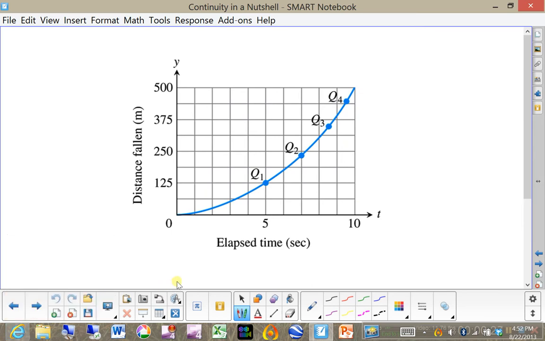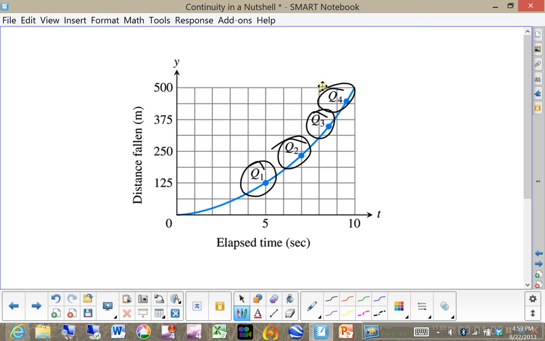First, we have a graph here of a continuous function. Imagine that you were plotting the path of an object that is falling from t equals 0, and you plotted 4 points, Q1, Q2, Q3, and Q4, and you did a plot from 0 to 10 seconds.